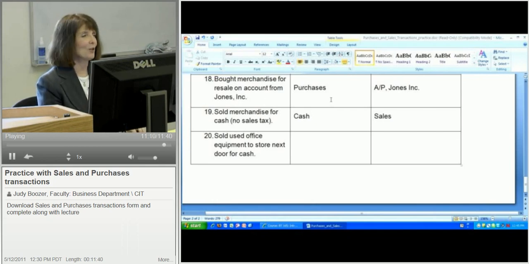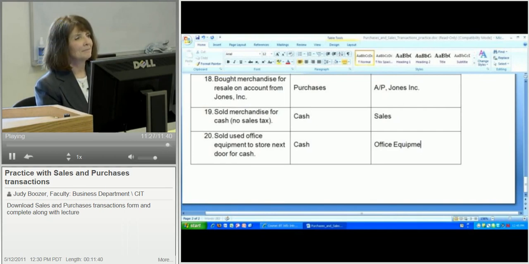Receiving cash, therefore cash is going up, debited. And good, office equipment is going down because we've sold it. An asset has been reduced. You know, good question. Anything to do with the depreciation? That would be handled later, but for right now, all we're going to do is record the sale of it.